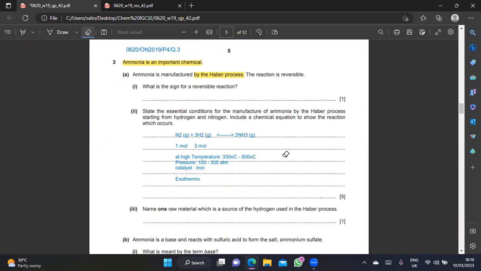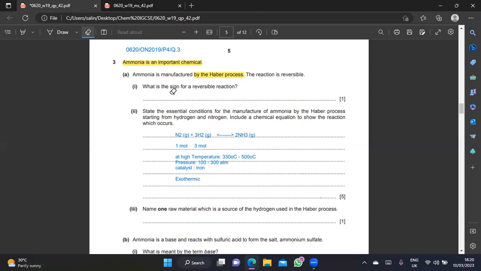So take the opportunity to do the memorization now, yeah. So I do hope after this, you are good at Haber process, inshallah. The reaction is reversible.